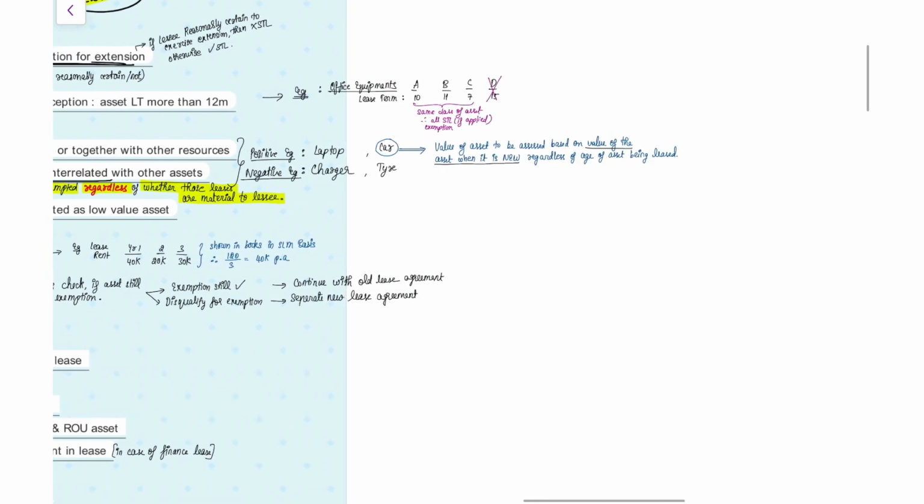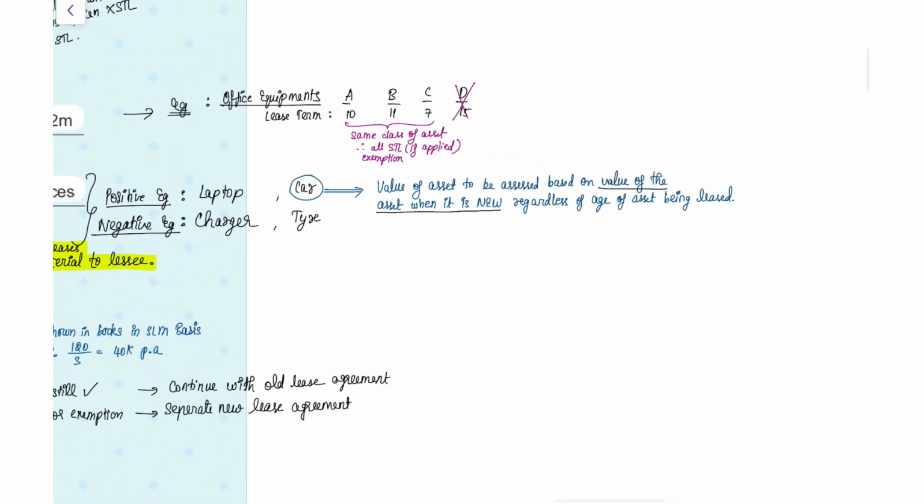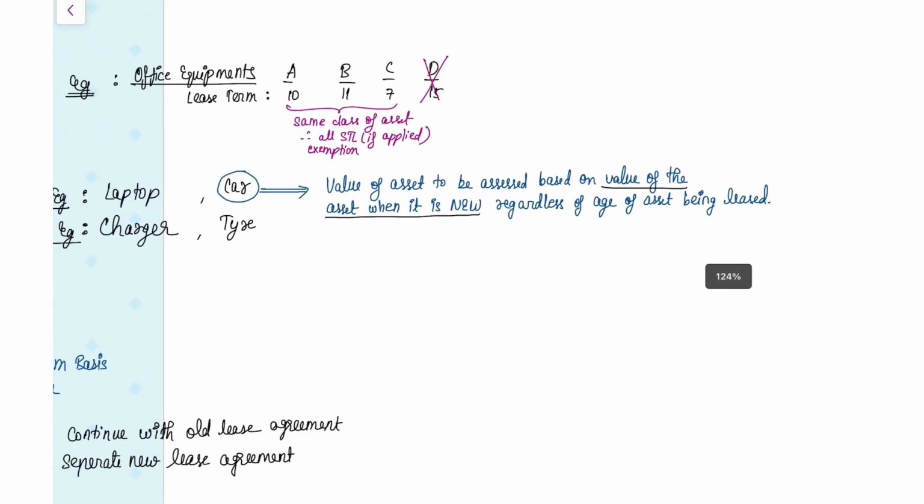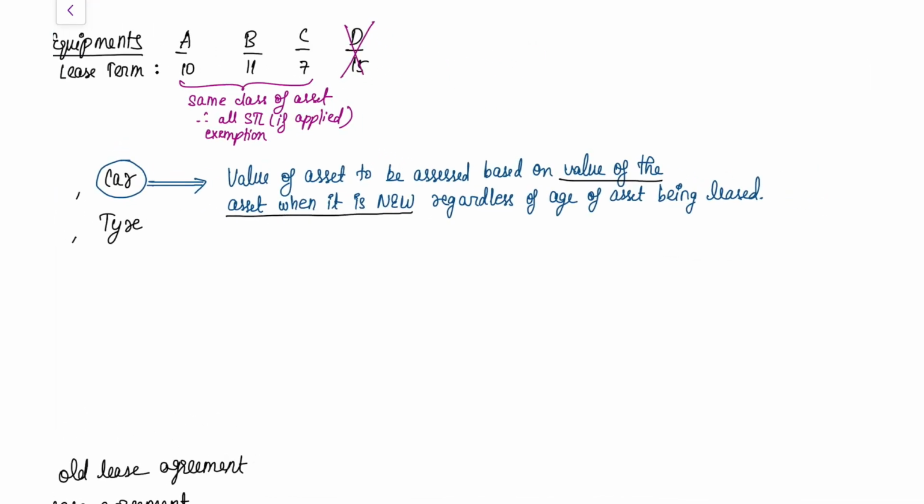Now there is one more thing that I wanted to discuss. When we talk about low value assets, another example can be a car. For a few companies, a car can also be a low value asset. But one thing you have to remember is, suppose you have taken a car from a lessor on a lease, but that car is a very old car.